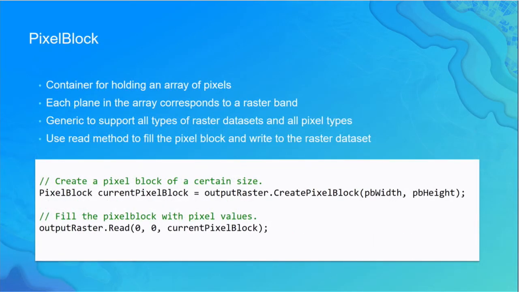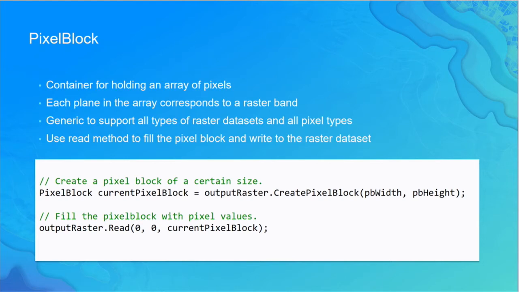Now, what is this pixel block? Well, think of the pixel block as a container that you create in order to get a certain set of pixel values out of your raster. You specify a size and think of it as a bucket.